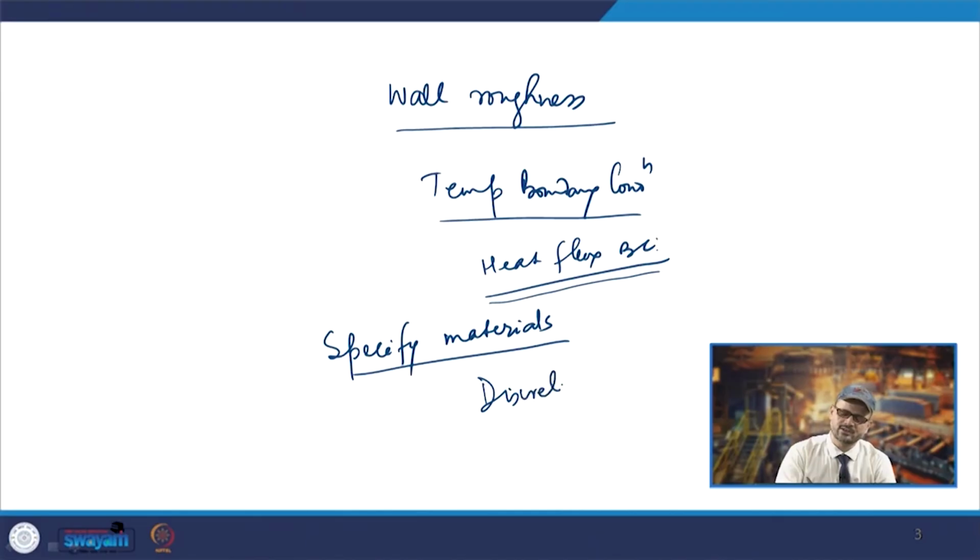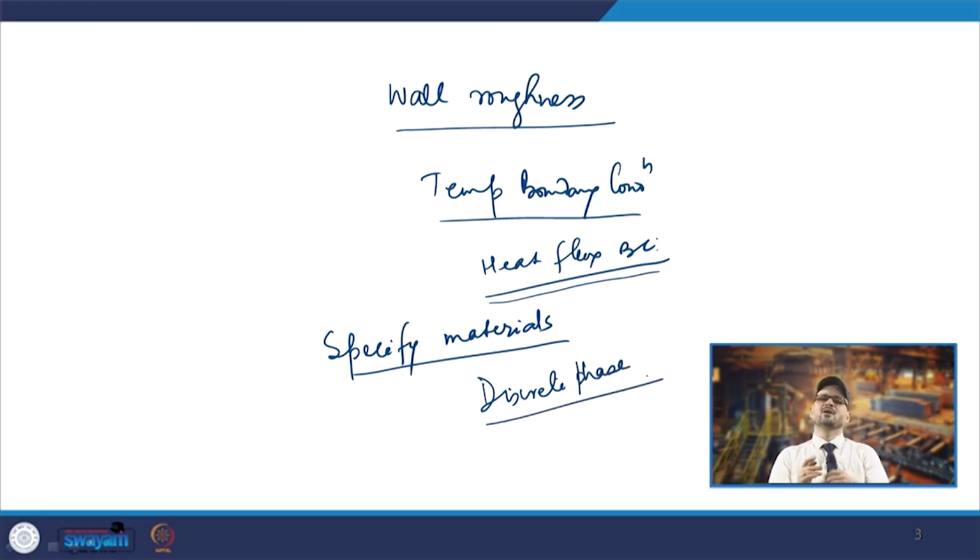So, these conditions need to be specified. These are the boundary conditions for these particles which are required to be provided in the case of discrete phase.